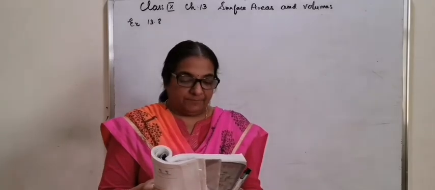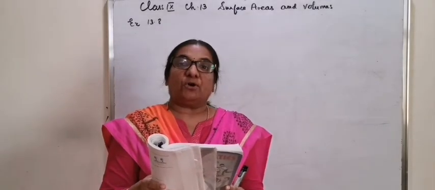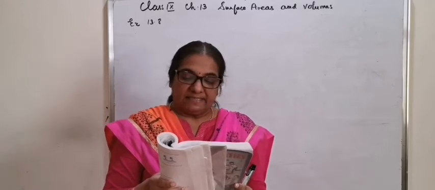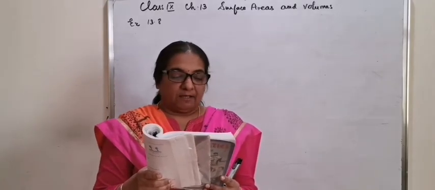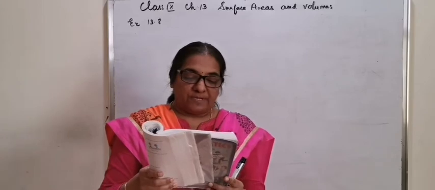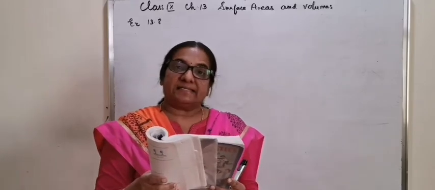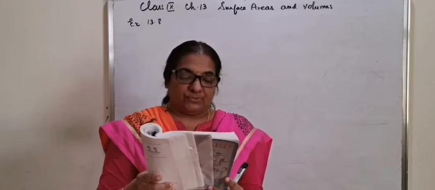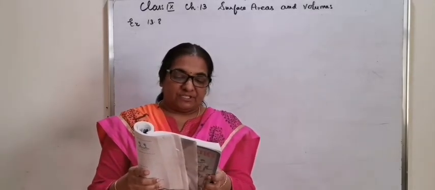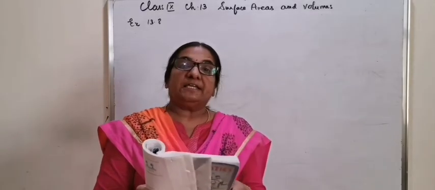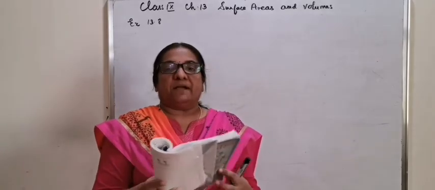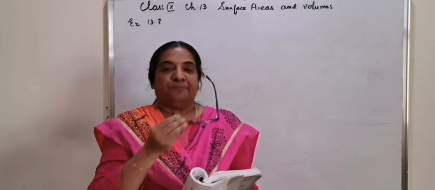Question number 9. 27 solid iron spheres, each of radius r and surface area s, are melted to form a sphere with surface area s dash. Find the radius r dash of the new sphere. Underline the word melted.